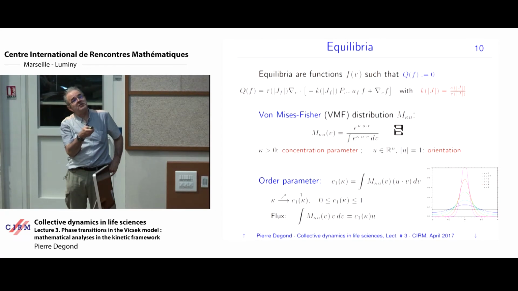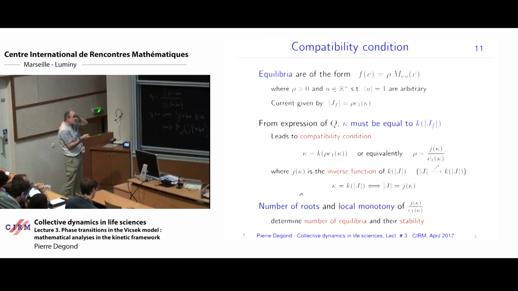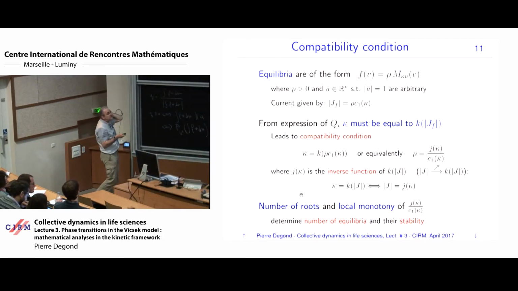So that competition depends on the norm of j, right? So here is basically something that depends on the physics. Let me assume that the physics is such that this is an increasing function of j. So when j increases, k increases, okay? It's not needed. It just makes things much more simple.